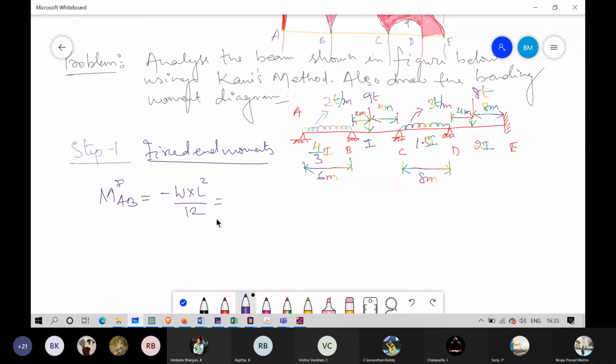Yes, WL square by 12. So how much is it coming? Minus 6. Minus 6 ton meter.